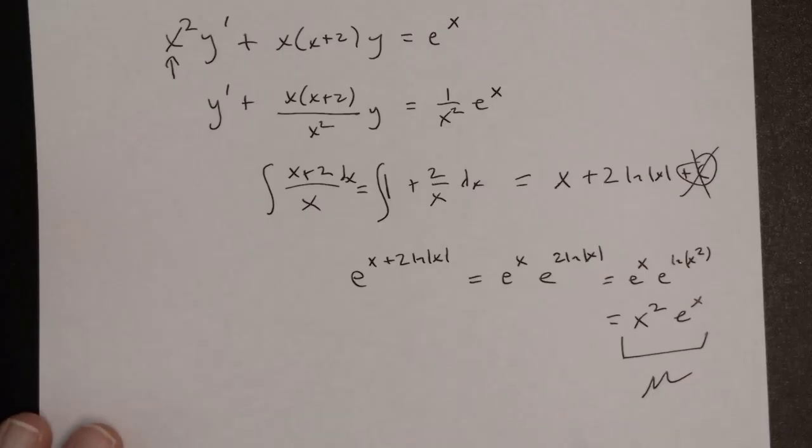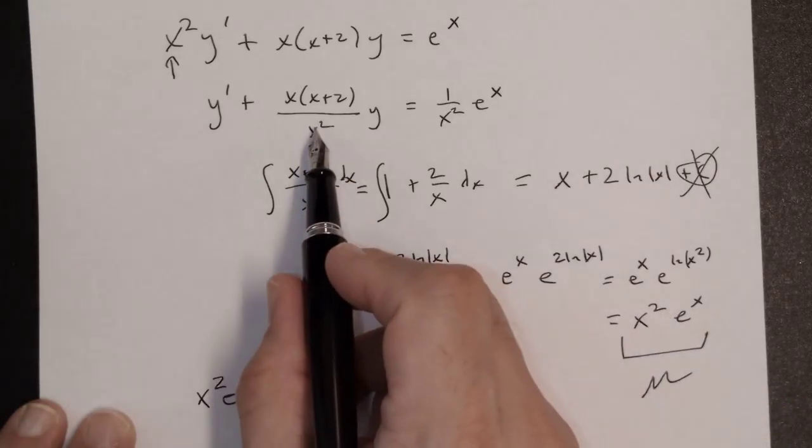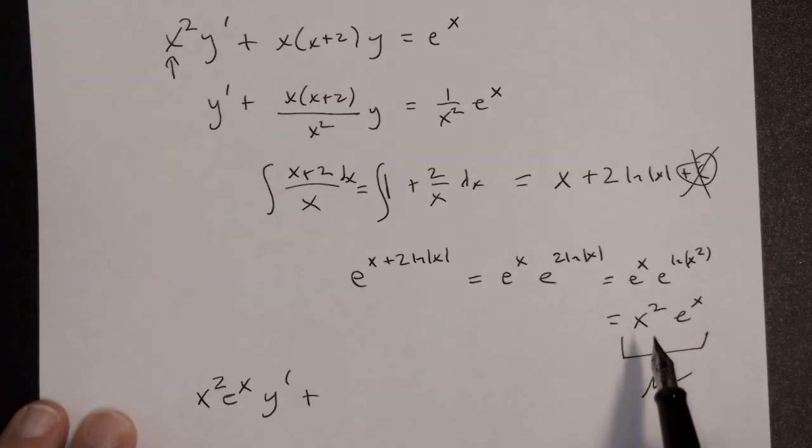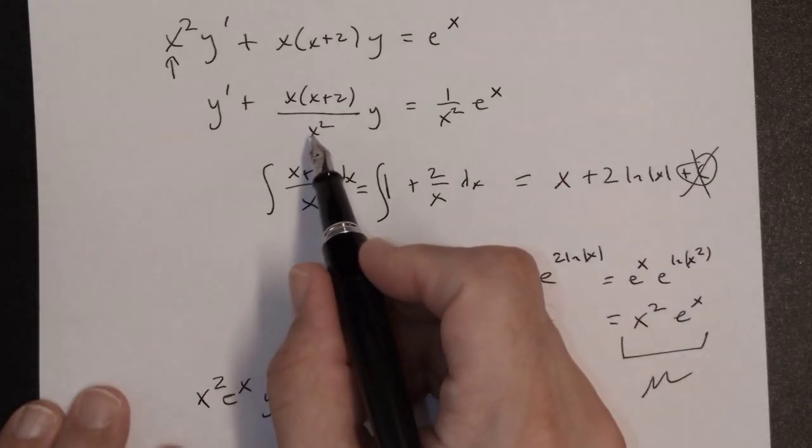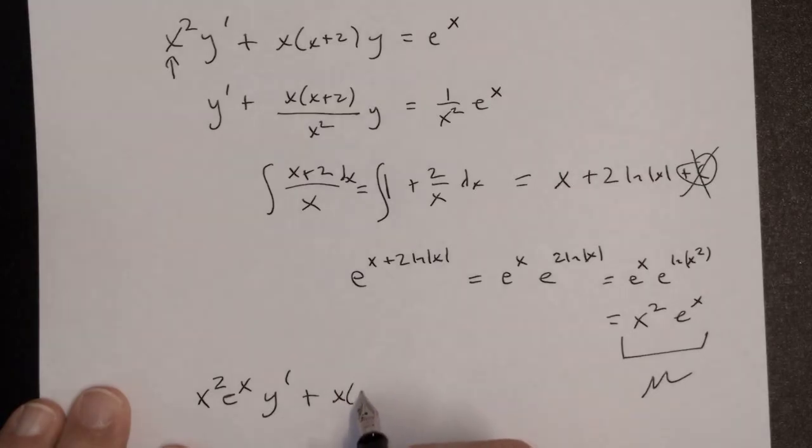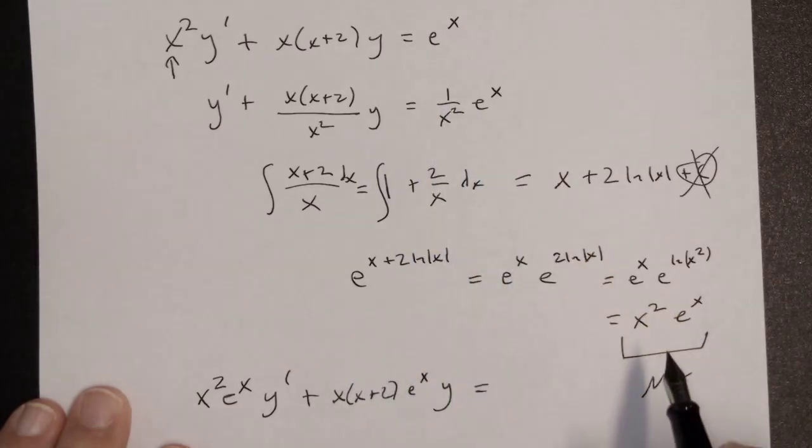So I get this times y prime plus this times p times y. Oh, wait a minute. The x squared here is going to cancel the x squared on the bottom, isn't it? So I'm going to get x plus 2 e to the x times y. And then over here, I'm going to get 1 over x squared times e to the x times this thing.